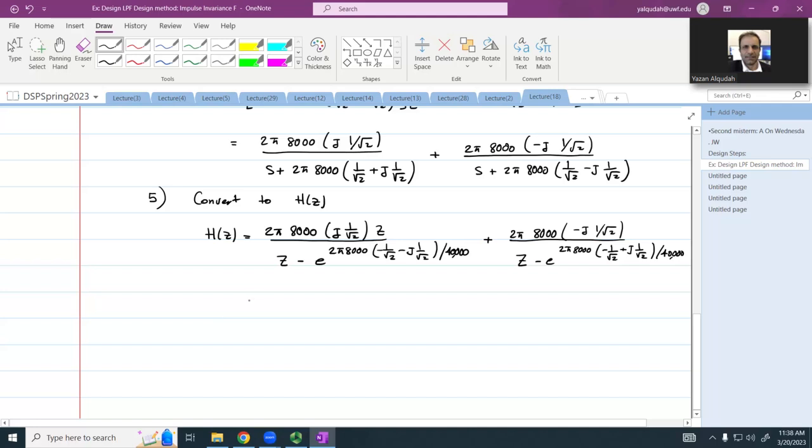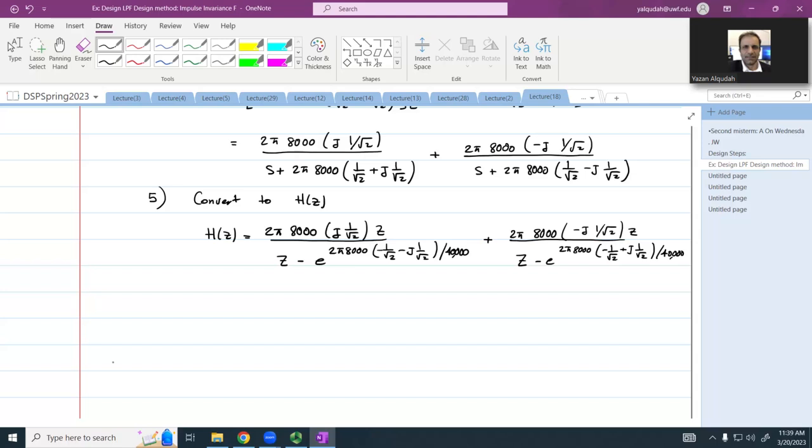Why isn't there a z on the other side? The numerator, you added a z in the numerator here. Yes, there is a z there. And the 40,000 is from the sampling. We multiply by T, which is 1 over the sampling frequency. Does that make sense? Okay.